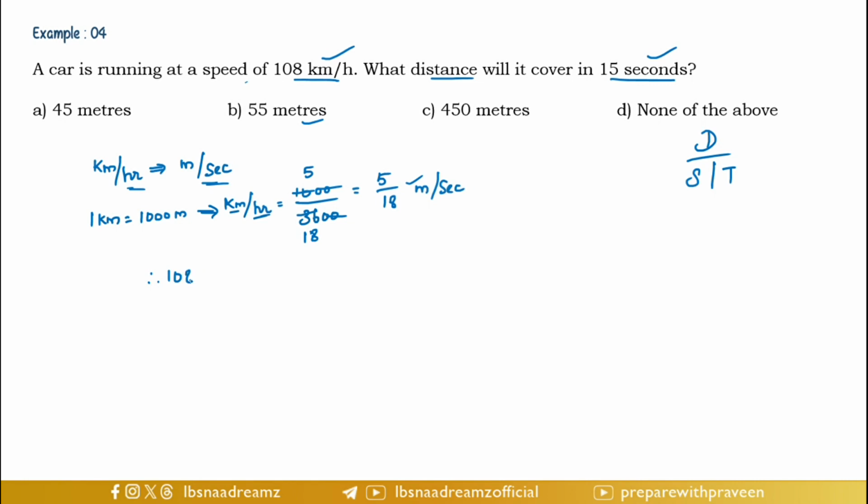Therefore, 108 kilometer per hour is equal to 108 into 5 by 18, which is equal to 108 into 5, that is 540 divided by 18.